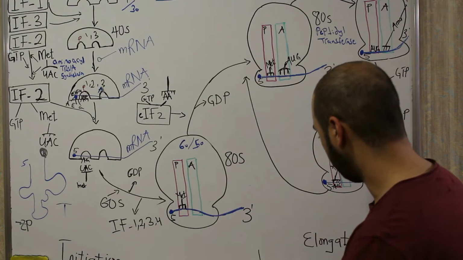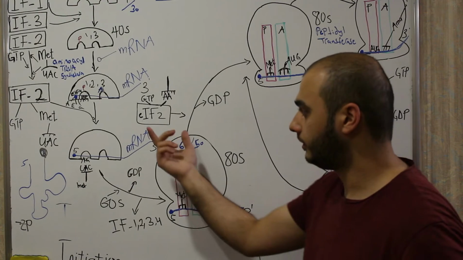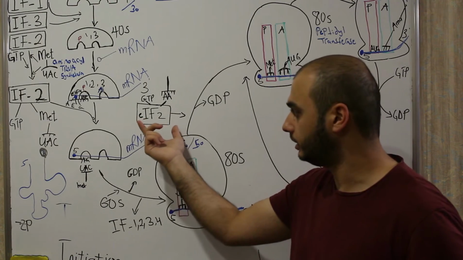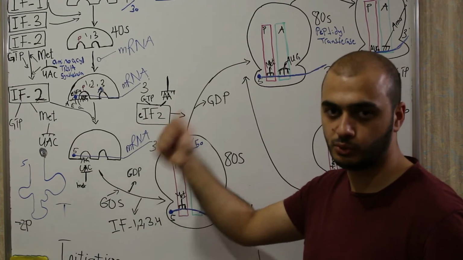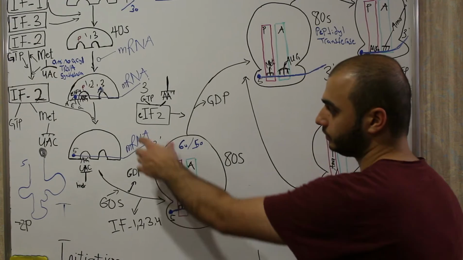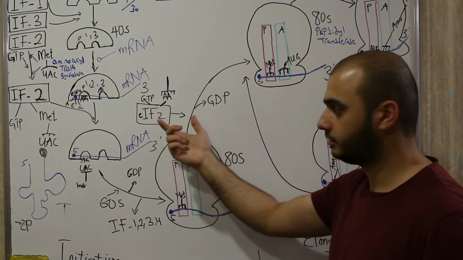And then we need to start with elongation. With elongation, the main factor participating is elongation factor 2. So this factor 2 will keep on bringing new amino acids.